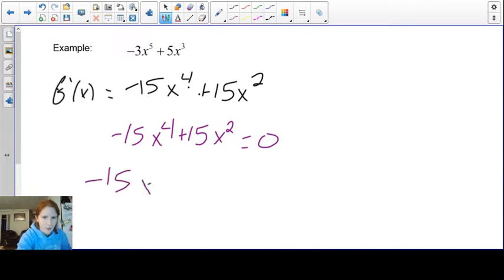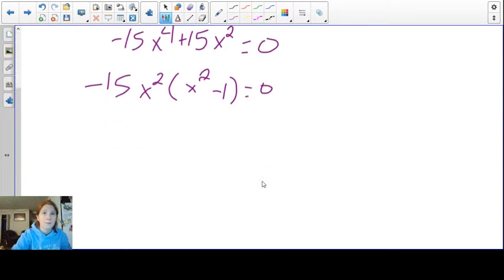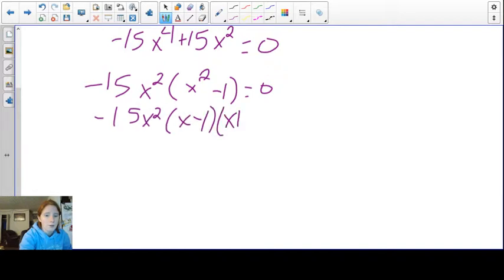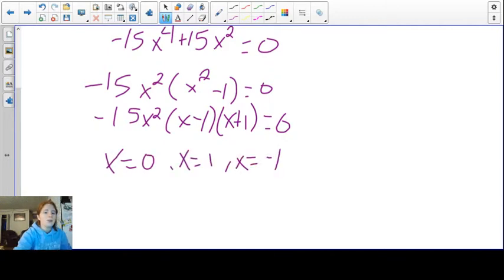I'm going to take out a negative 15x squared. That leaves me with x squared minus 1, which continues to factor into x minus 1 and x plus 1. So my zeros are 0, 1, and negative 1.